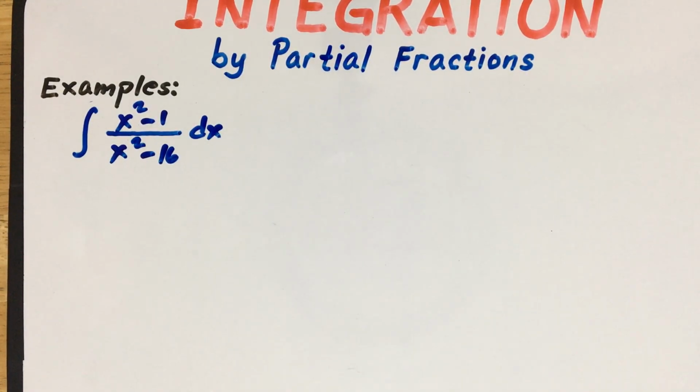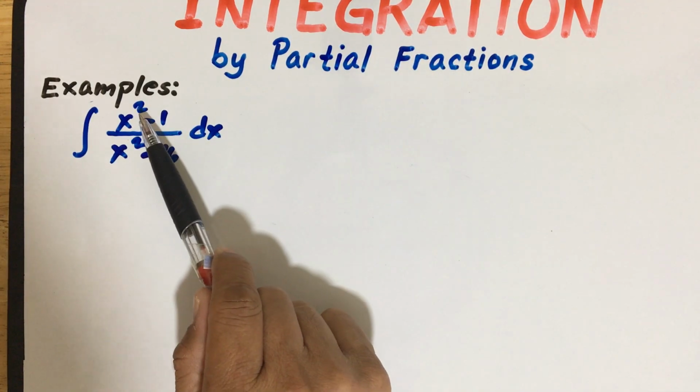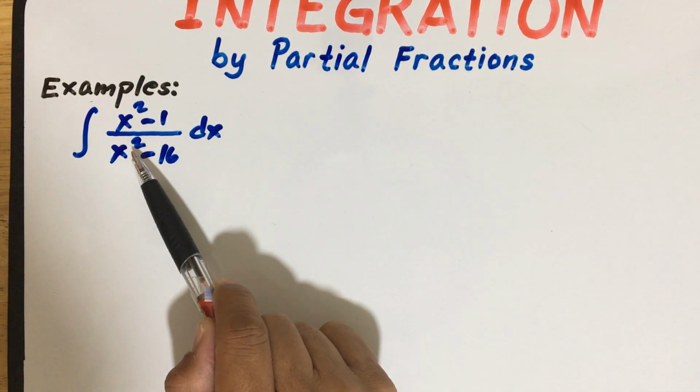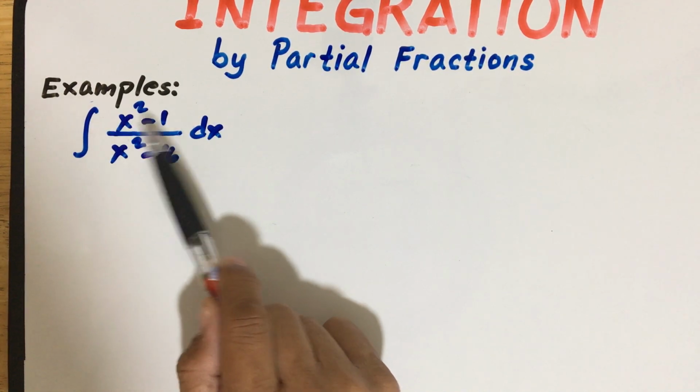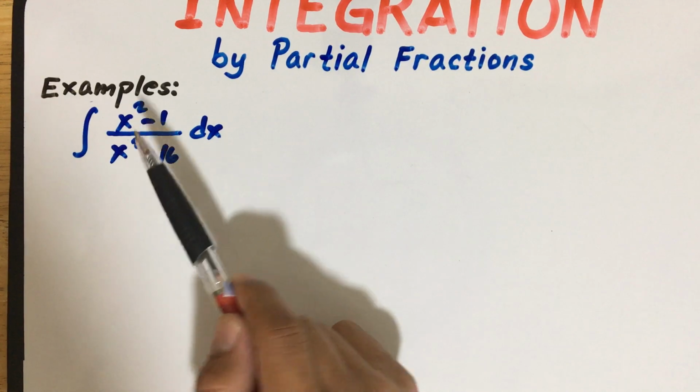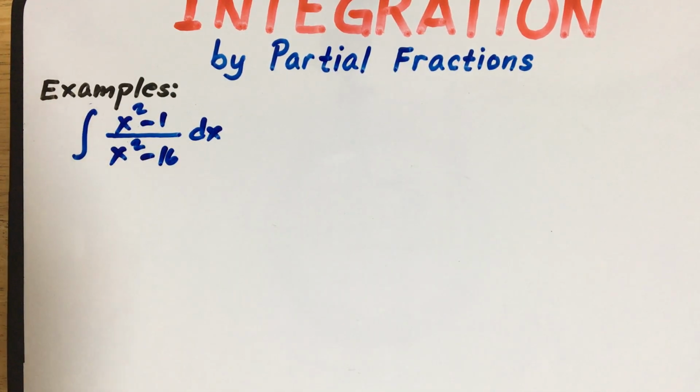As you have seen, the degree at the numerator is equal to 2, and the degree at the denominator is also equal to 2. So the degrees in the numerator and denominator are equal.